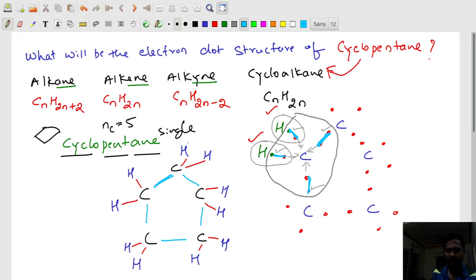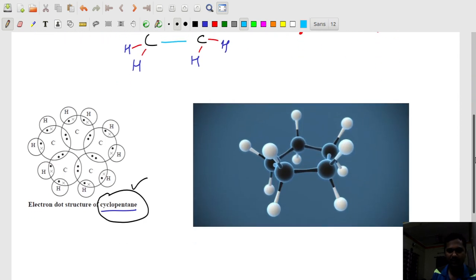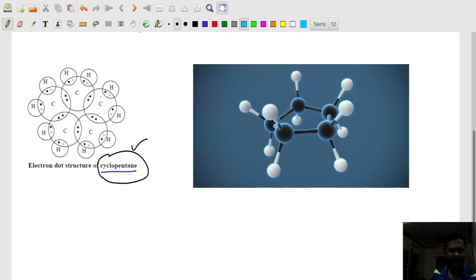If you are not comfortable with this, I will give you a few more images. I think this one is better compared to the previous one. Here the circle of hydrogen has 2 electrons. This dot is the electron of carbon and this is the electron of hydrogen, and these 2 are shared between hydrogen and carbon.